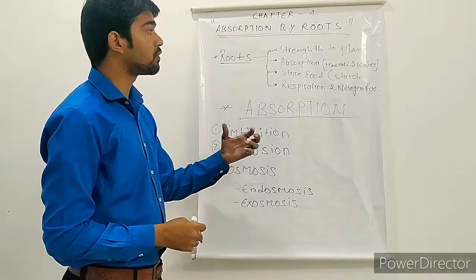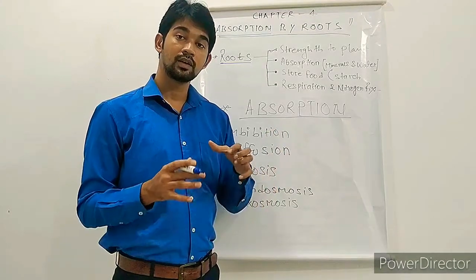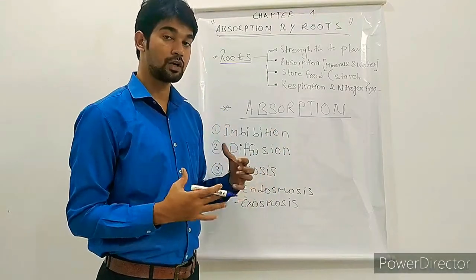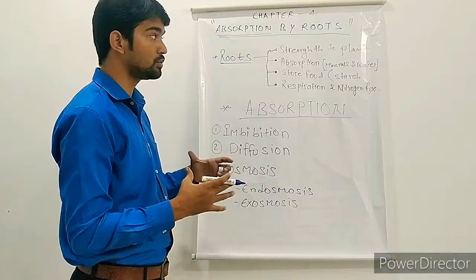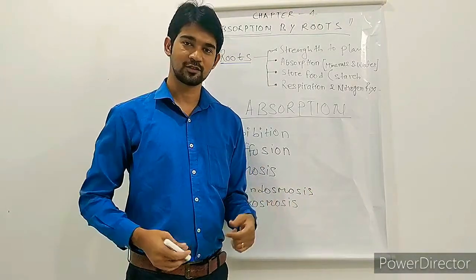And this is how they provide strength to the plant, and they also help in stopping soil erosion because of the roots the plant stays there and soil erosion does not happen.